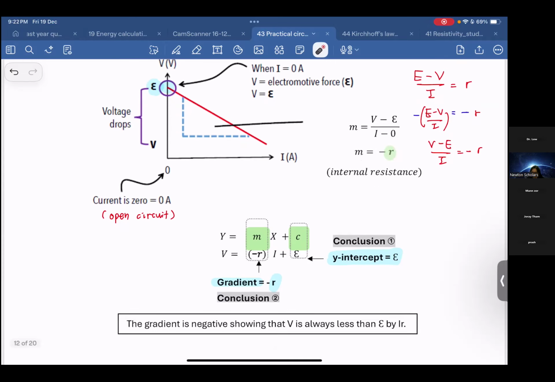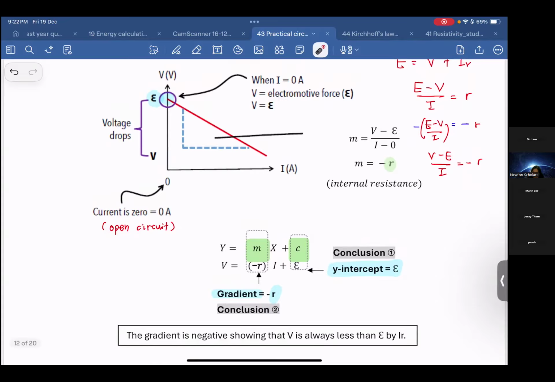Okay, so from this graph, or you don't need to consider how I derive it. From the graph we know that in mathematics y equals mx plus c. Here, your y-axis is your voltage V, your x-axis is your current I. This is a negative gradient, so it's negative r here.